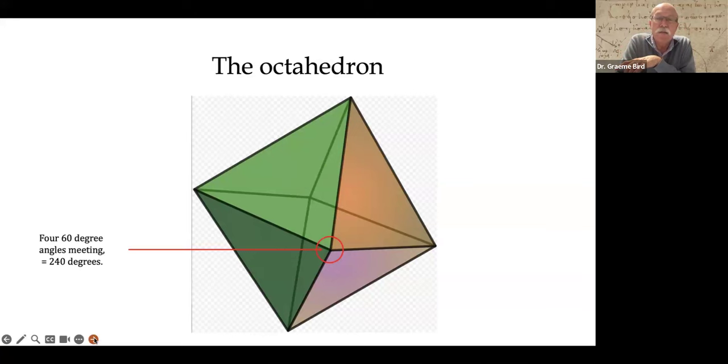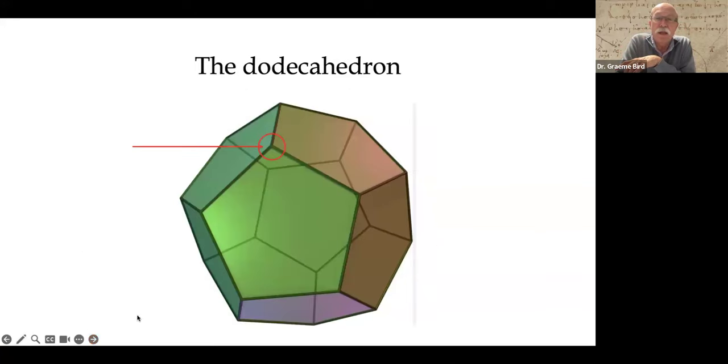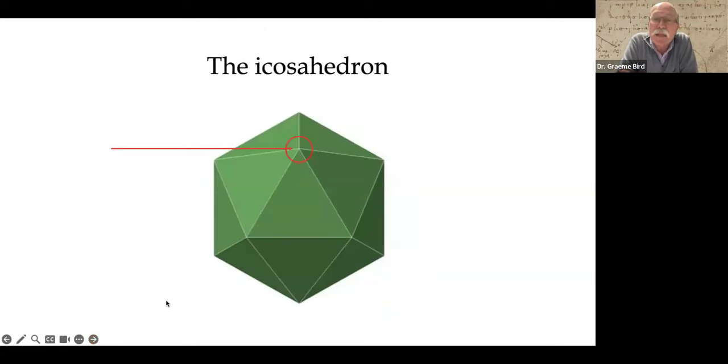Okay. Now we get a little harder. One of you got the correct angle for this one, so there's 3 meeting here. 3 pentagons. What's the angle of a pentagon? This was the tricky one. Internal angle. Yes. 3 times 108 is 324. That's it. And then the last one, how many things meet at a point with the icosahedron?